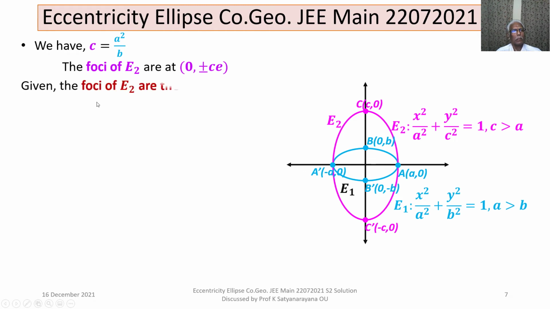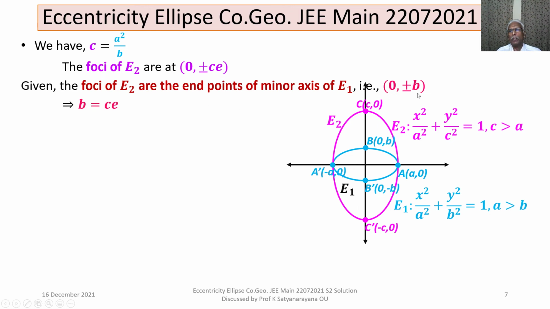But it is given in the question, the foci of E2 are the endpoints of the minor axis of E1. So the minor axis of E1, the endpoints are 0 plus or minus b. So this will imply b is equal to cE.